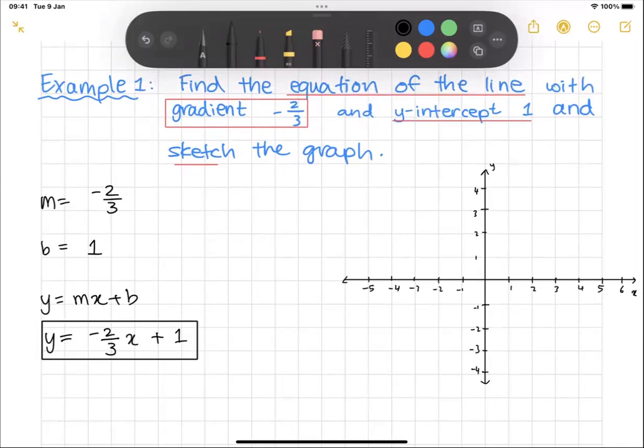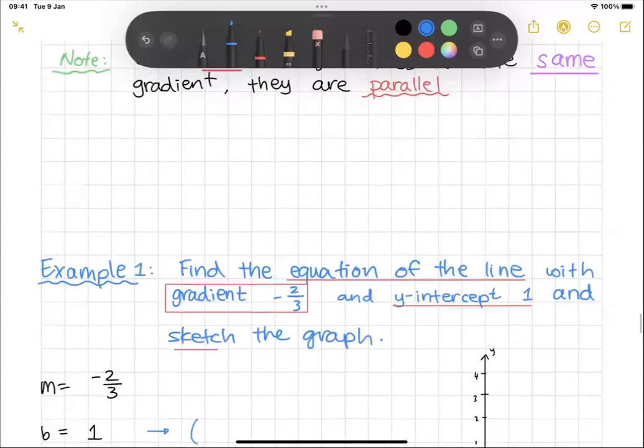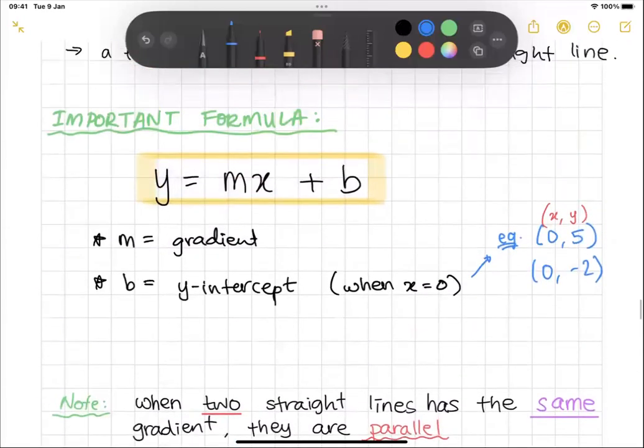So to sketch the graph, you need 1 point. And you actually have been given 1 point, which is your y-intercept. So another way for you to write your y-intercept as a coordinate is basically looking at this one right here. Your y-intercept is when x equals 0.